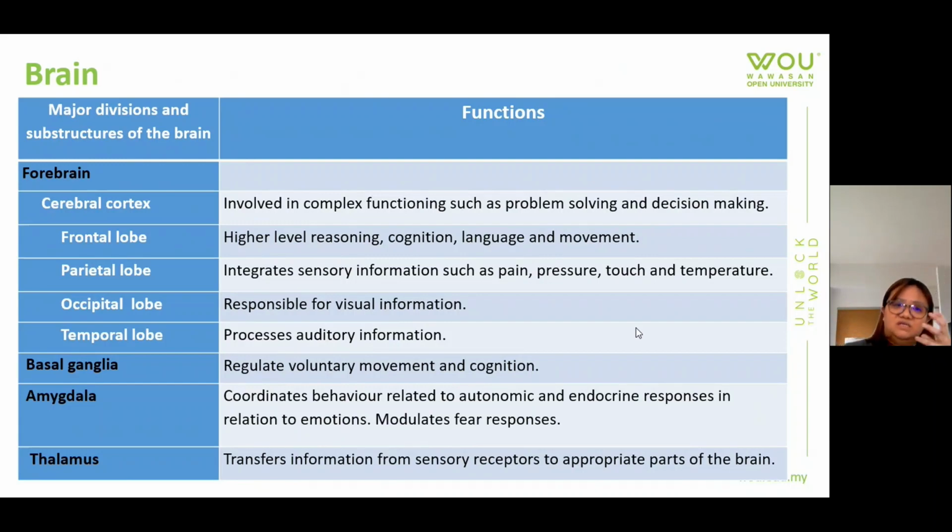We have the frontal lobe, parietal lobe, occipital lobe, and temporal lobe. Different lobes carry different functions. We can recall what happened to Phineas Gage in John Harlow's case study.